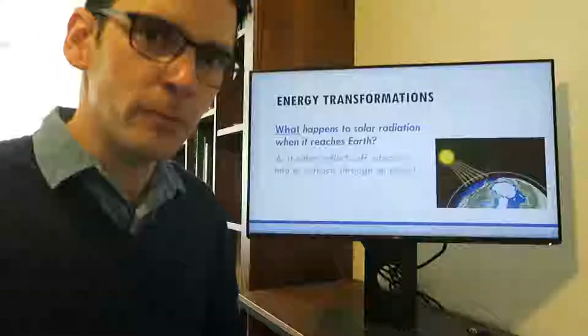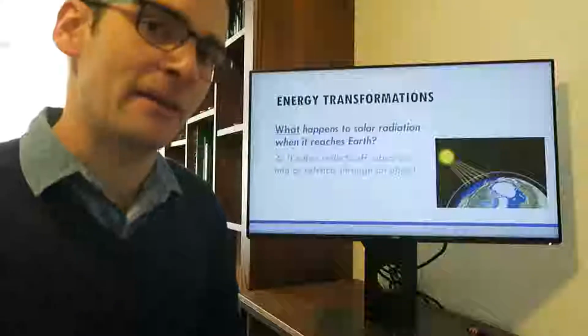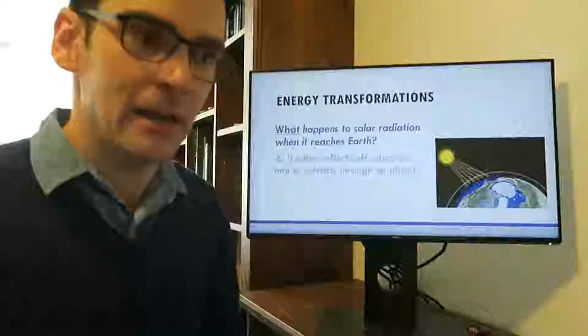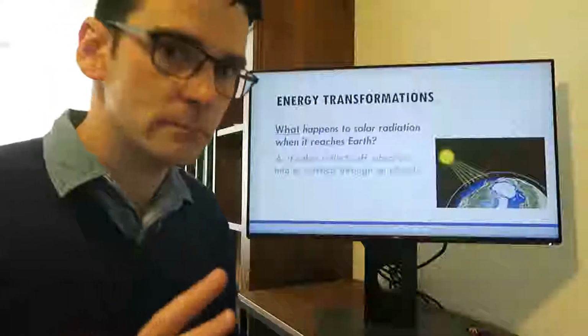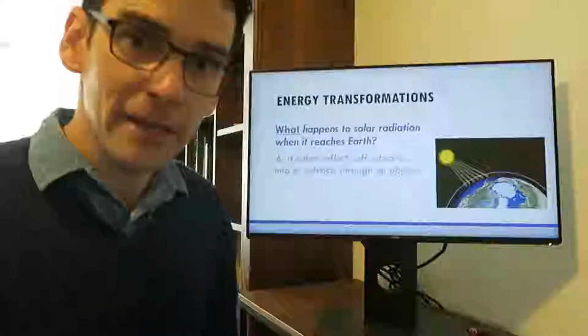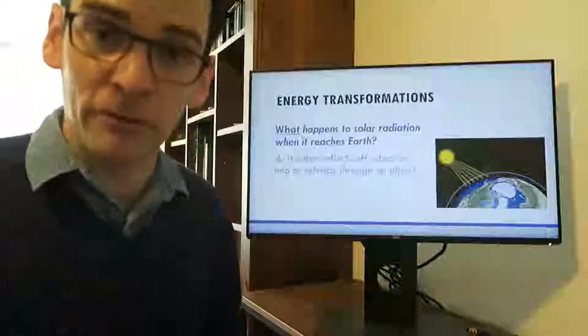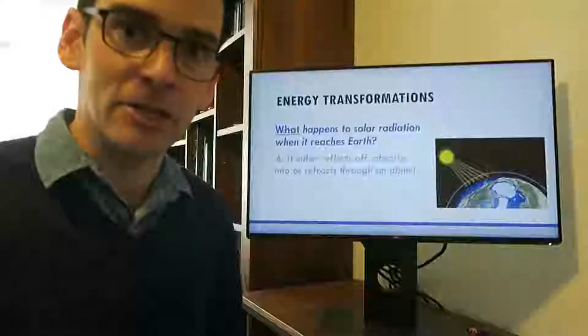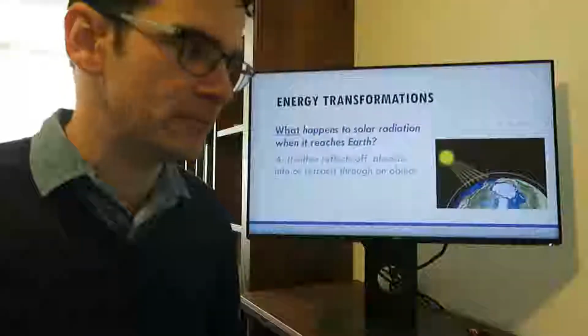Let's think about all the different ways that you could react or behave, okay? Essentially, you as that little light beam can only react in one of three ways. You can either reflect off something, and that will largely depend on the something that you hit and its properties.